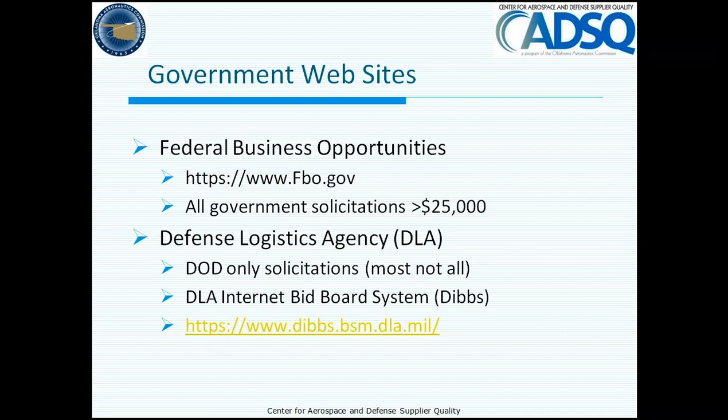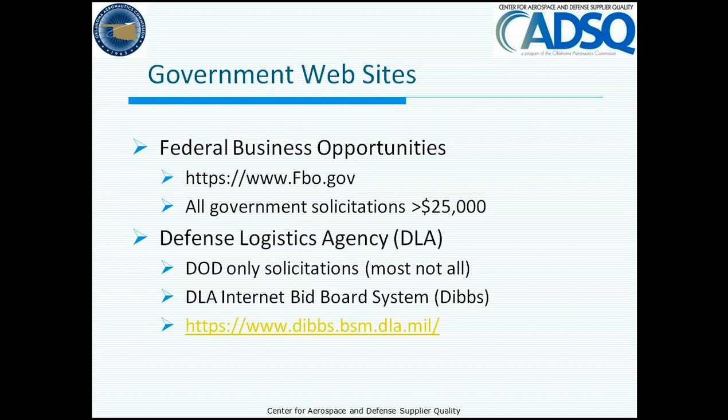The second website I want to cover is the Defense Logistics Agency, called DLA. DLA has only DOD solicitations on it, and it does not have all DOD solicitations on it. Over the years, the Department of Defense has been transitioning a lot of its purchasing to DLA.